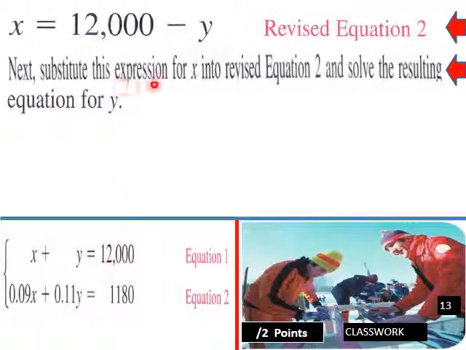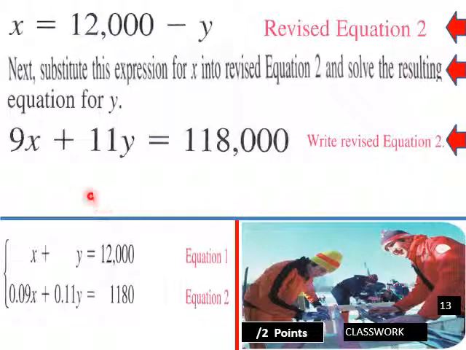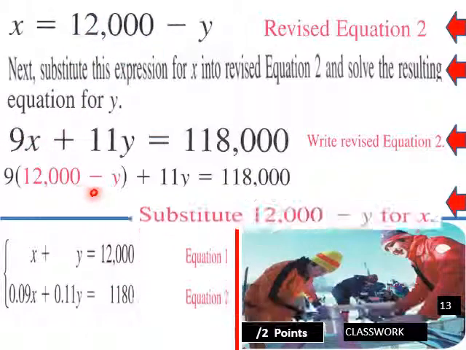So next, substitute this expression for x into revised equation 2 and solve the resulting equation for y. So 9x plus 11y equals 118,000 here. And now we know what x is here, so you can stick this down into here.